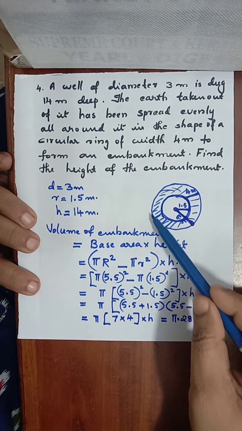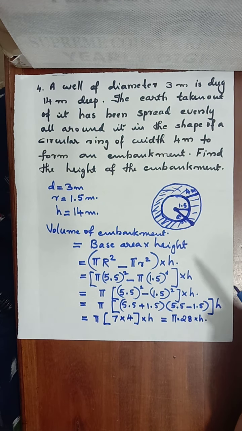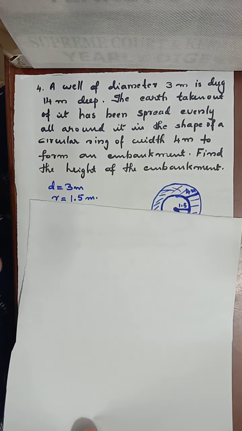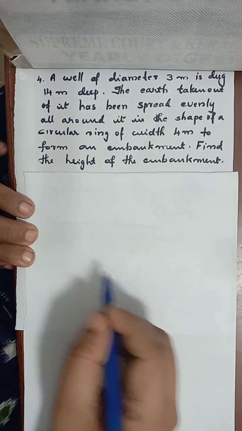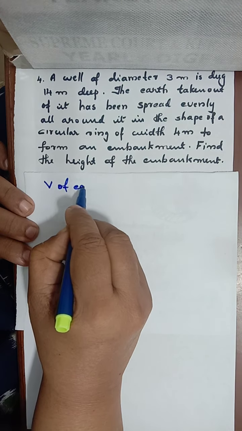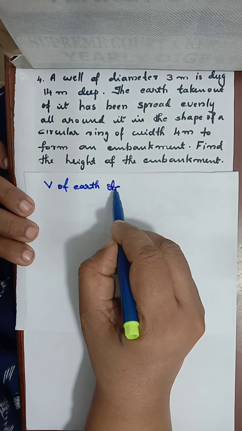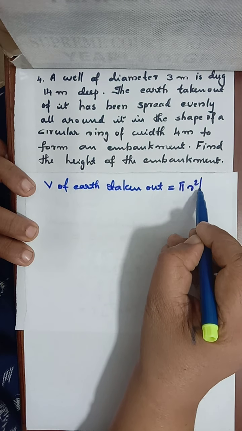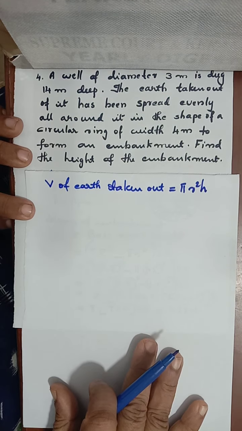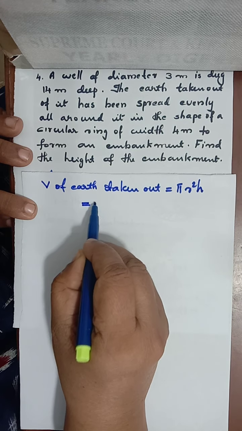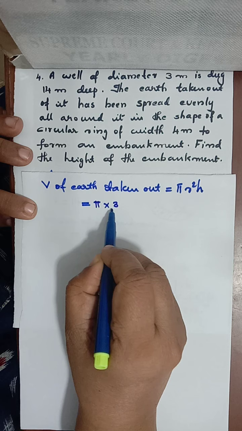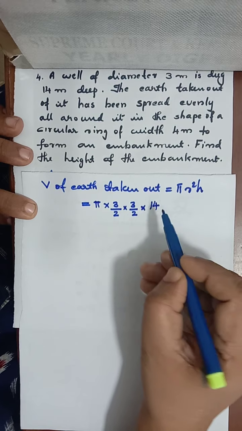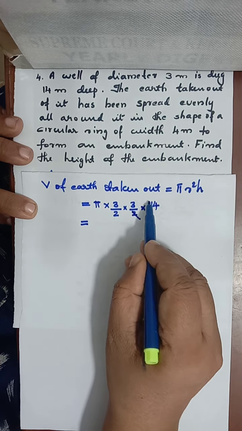Is the volume of the embankment equal to the volume of earth taken out of the cylindrical well? So let us see what the volume of earth taken out is. Volume of earth taken out is equal to pi r square h. Here we have values given to us. Pi into radius 3 by 2, 3 by 2 into 3 by 2, into height 14. Let us see, this is 7.